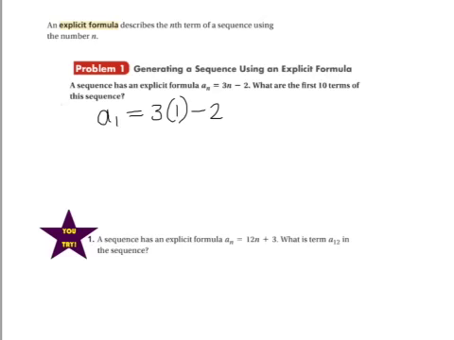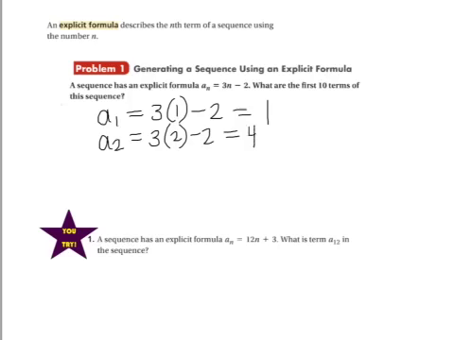So my first term is going to be 3 times 1 is 3 minus 2 is 1. To find my second term, I'm going to say a sub 2 for a second term equals 3, substitute in a 2 for n as well, minus 2. So 3 times 2 is 6, minus 2 is 4.